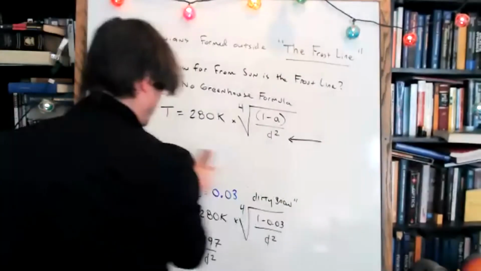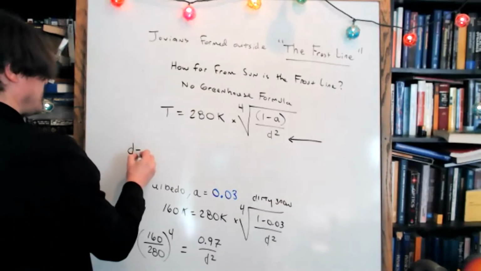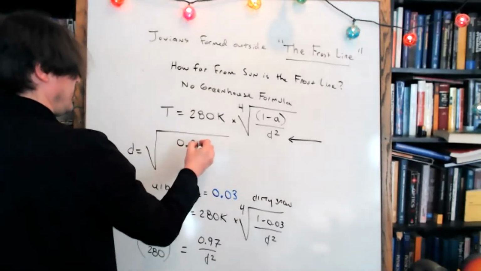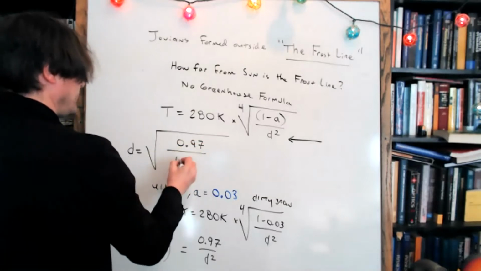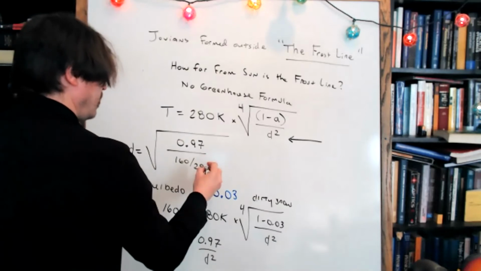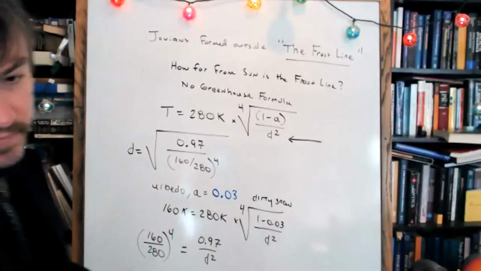What we will end up getting is this. The distance is the square root of 97% over 160 over 280 to the fourth power.